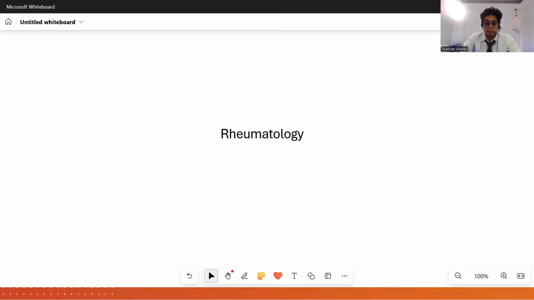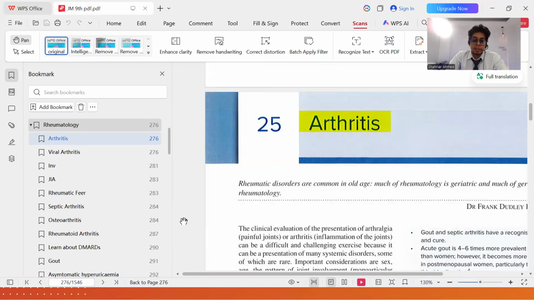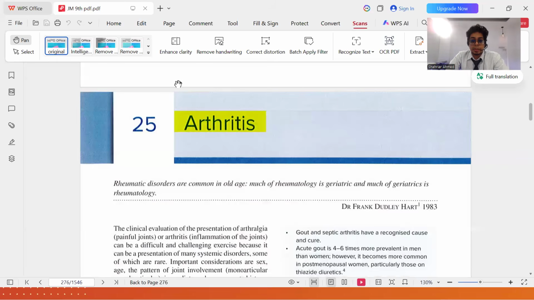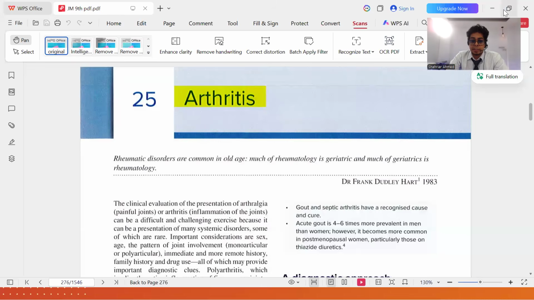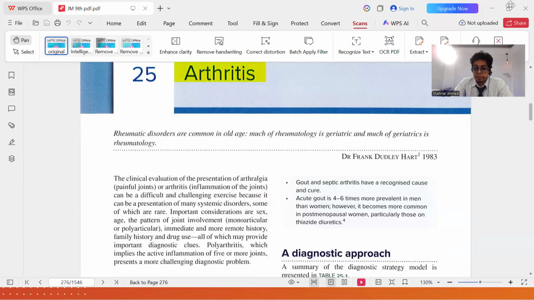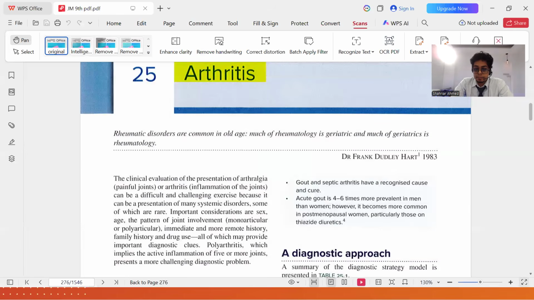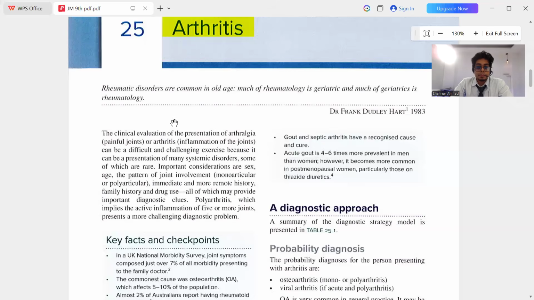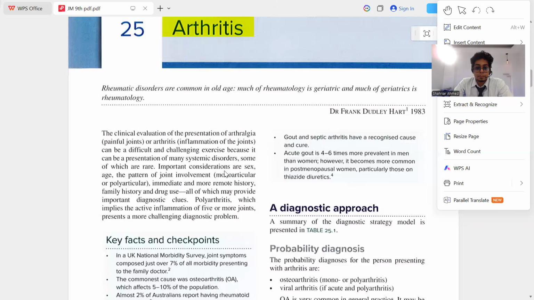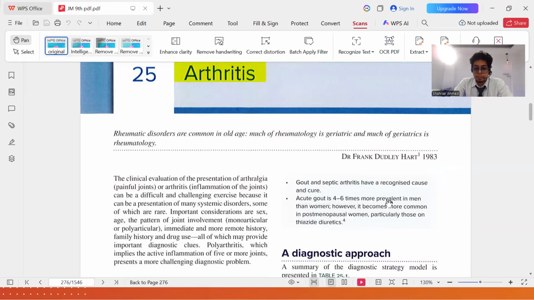It's rheumatology. Okay, so here we go, sharing the screen again. That's our rheumatology page, and we're going into John Muktak, page number 276.